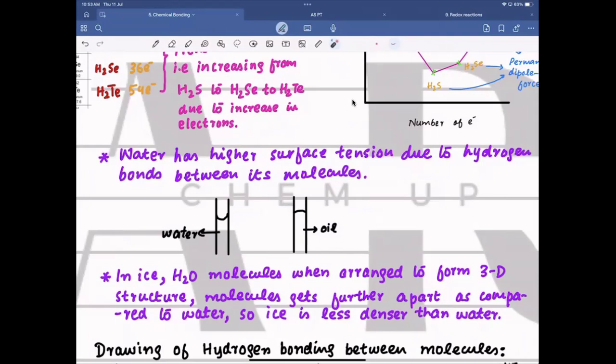Now, you also understood why ice is less dense than water, right? Yes, sir. And it clearly makes you understand that if it's less dense than water, it means that the particles are further apart, isn't it? Yes, sir.